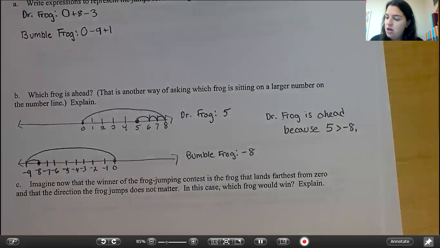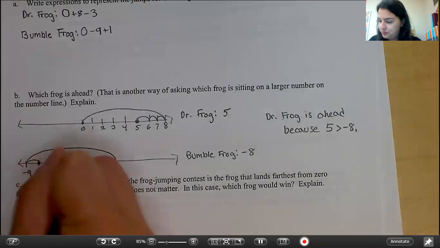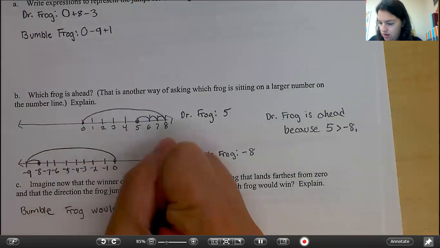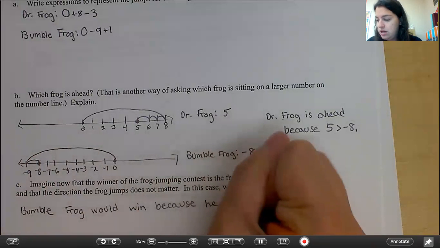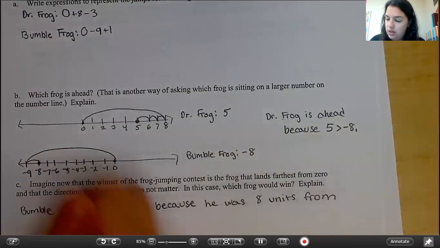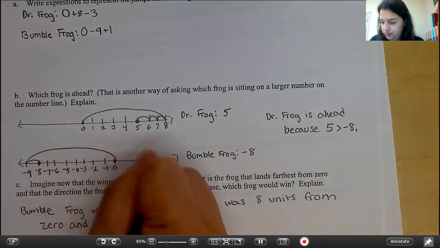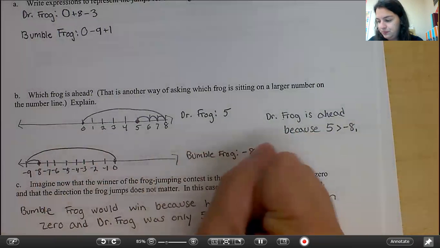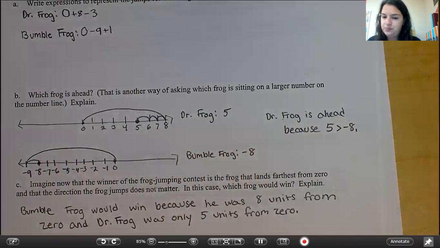So for this question, you should have had Bumblefrog would win because he was 8 units from 0. Remember, direction doesn't matter. So he was 8 units from 0, and Dr. Frog was only 5 units from 0.